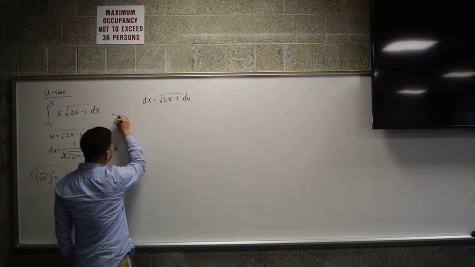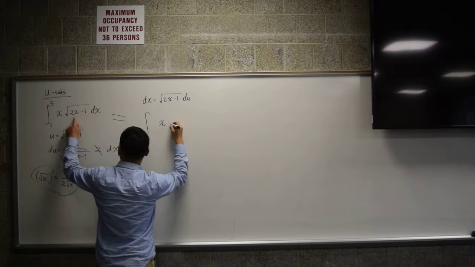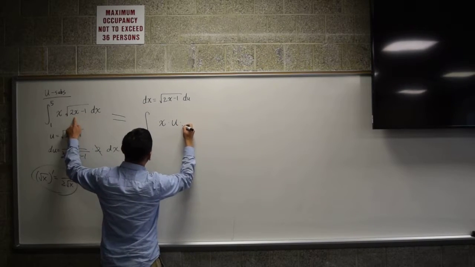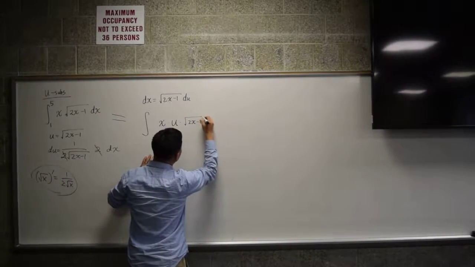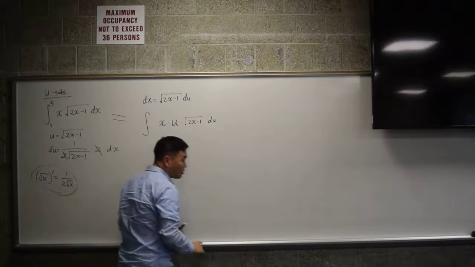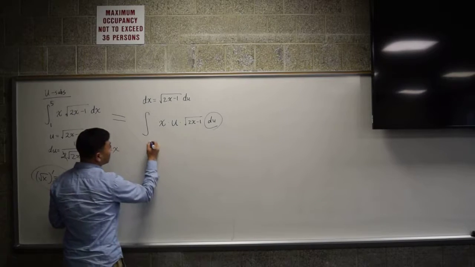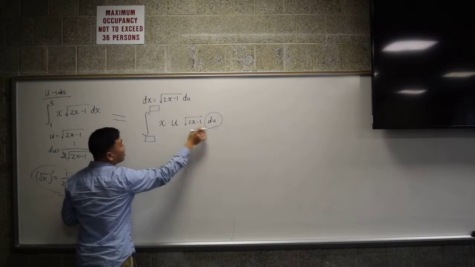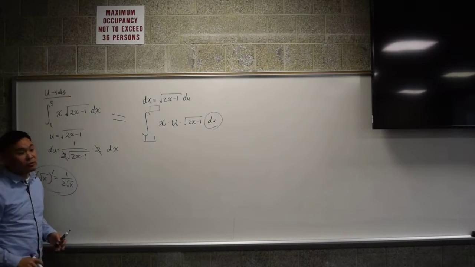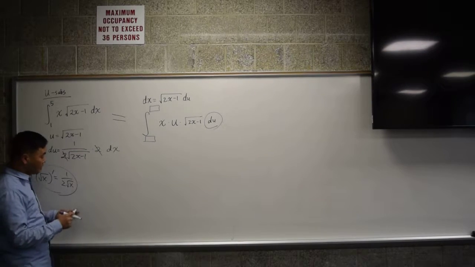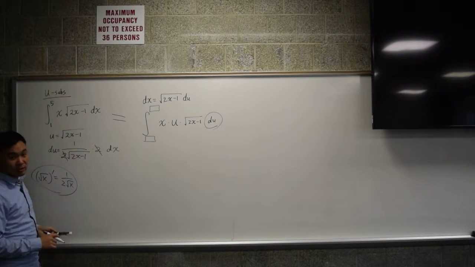We're trying to make this x into u, and dx is the same as that, the square root of 2x minus 1 times du. And because we have du, the values here should be values of u. So you can't use 1 and 5 there. You have to think about what value u would be if x is 1 and x is 5.